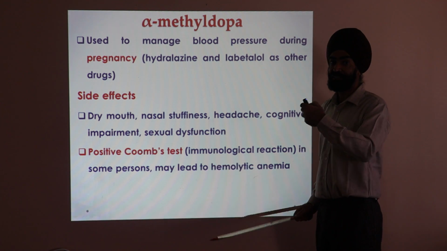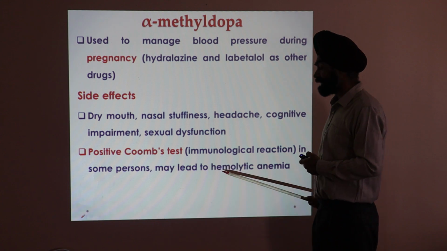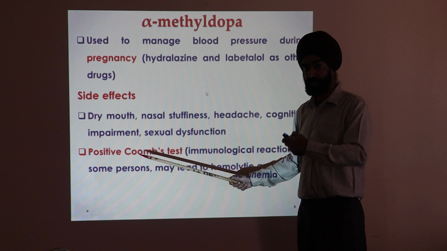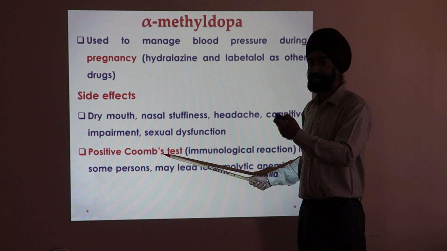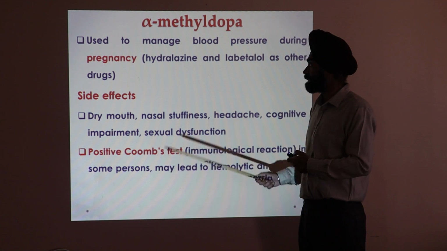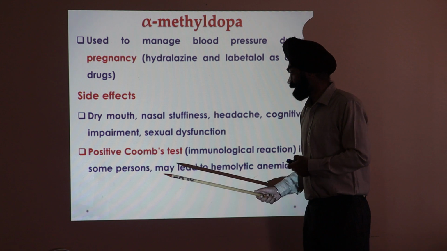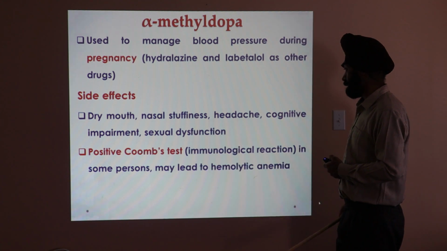It may lead to activation of the immune system, the autoimmune system is activated. How can it be detected? Using a positive Coombs test. You do an immunological test which is called the Coombs test, and if it becomes positive, it indicates that the immune system is activated. So with alpha-methyl-dopa, you get a positive Coombs test, which is a problem that may lead to hemolytic anemia.